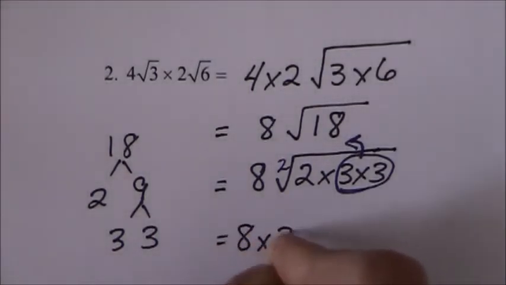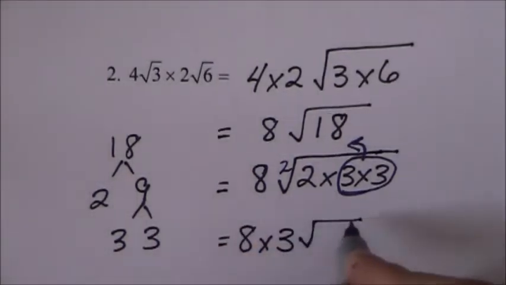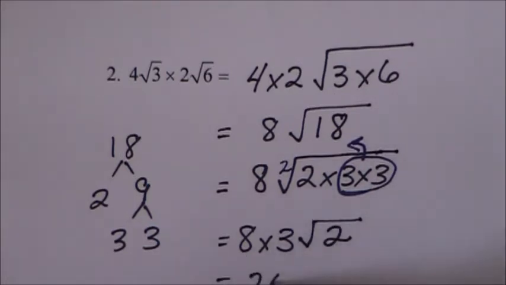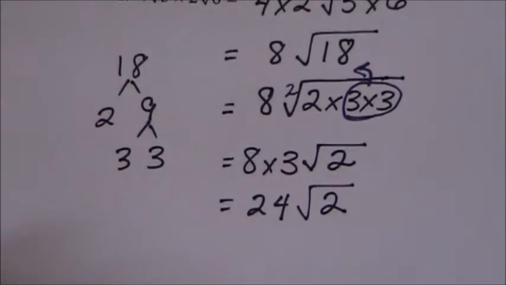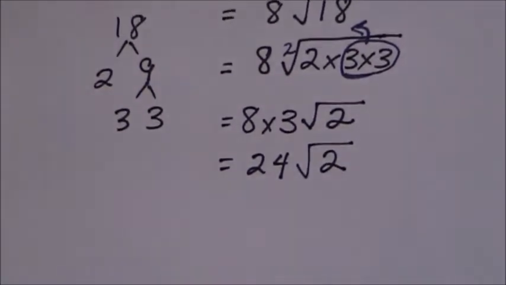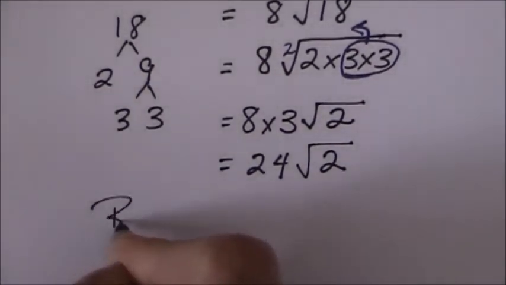That 3 joins the 8 that was already out front, but the 2 stays behind. 8 times 3 is 24 square root 2. So one thing to keep in mind as we look at these questions is that we always need to reduce if possible.